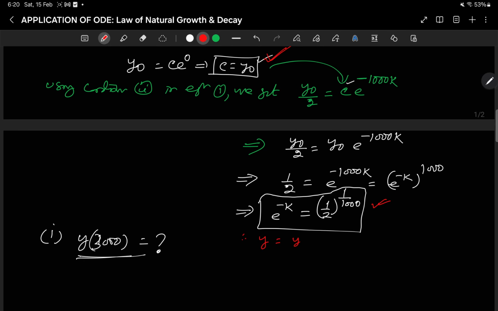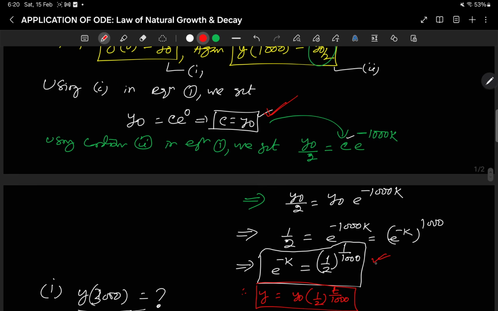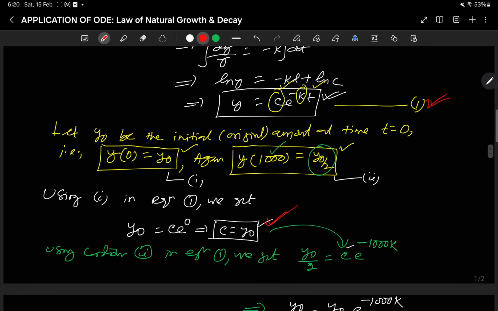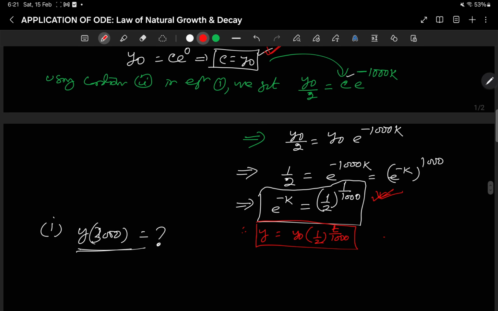Y is equal to y0 half to the power t by 1000, okay? So this is my y now. Because I substitute this e to the power minus k and I substitute this c. So this is my equation number 2.